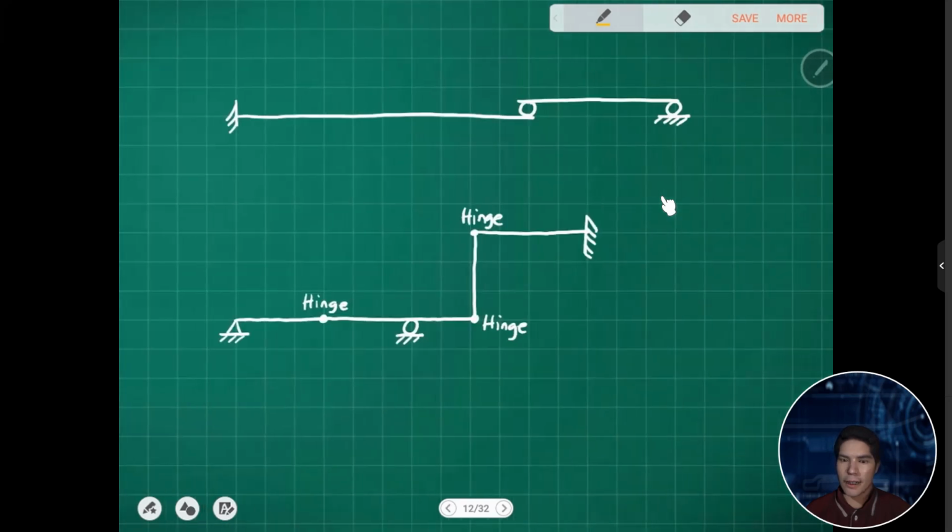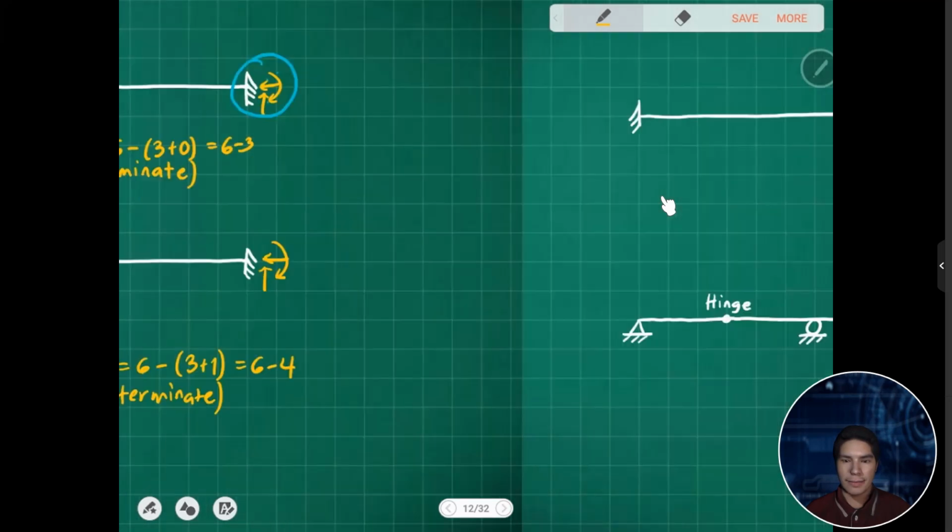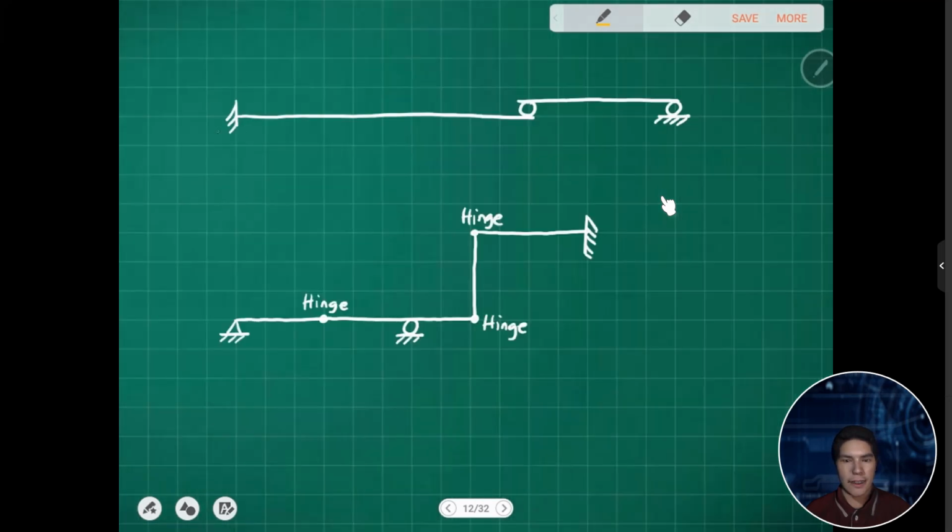Okay, so next is this one. Again, the number of reactions here, we have 3. Again, we have a roller support, we have 1, so we have 3 plus 1, so we have 4. We have a conditional equation, we have an internal roller, so EC is 2.